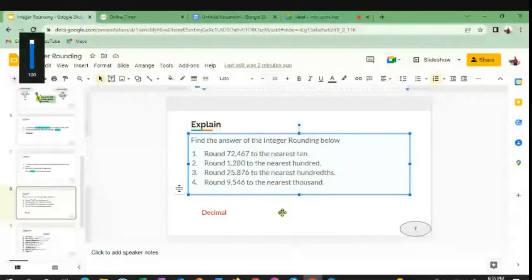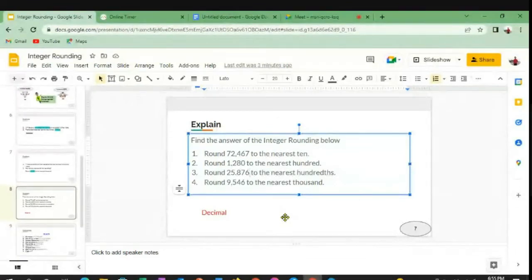After the full stop, next to the full stop is 10, and after it 100. When you round the decimal number, you do the same as the whole number.